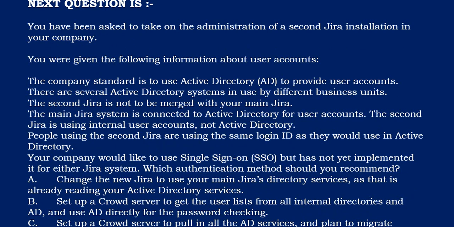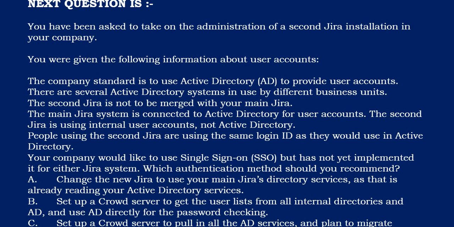The main Jira system is connected to Active Directory for user accounts. The second Jira is using internal user accounts, not Active Directory. People using the second Jira are using the same login ID as they would use in the Active Directory. Your company would like to use single sign-on but has not yet implemented it for either Jira system.